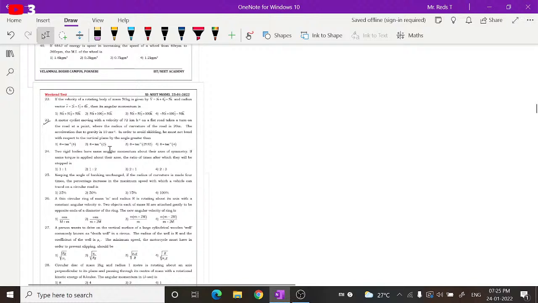The acceleration due to gravity is 10 meters per second square. In order to avoid skidding, he must not bend with respect to the vertical plane by an angle greater than. So that means what is the maximum angle he can bend.